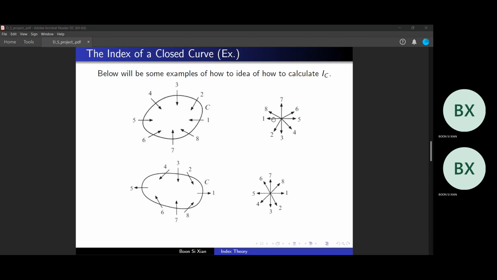So the angle change is 2 pi, which means that the index is 1. For the next one, we look at the vectors, and we have a clockwise direction. So it is negative 2 pi because it is clockwise, and we obtain negative 1.